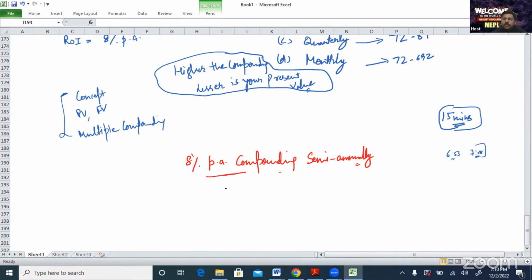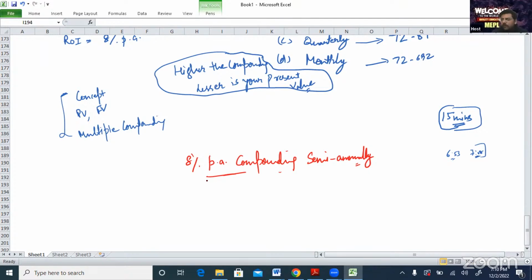I know it is more than 8%. But annually, what is the return? So how can we get it?